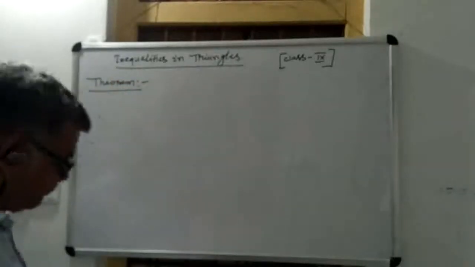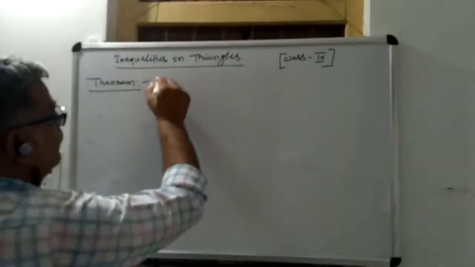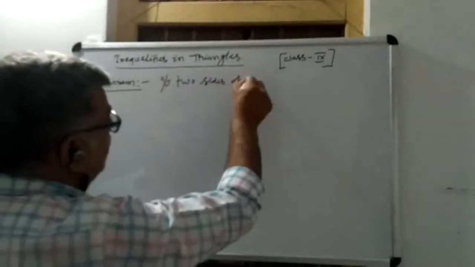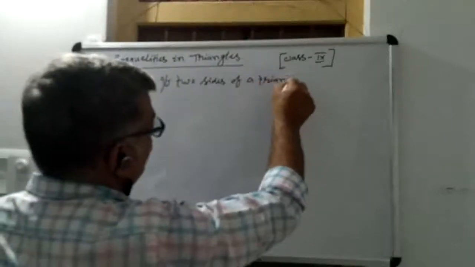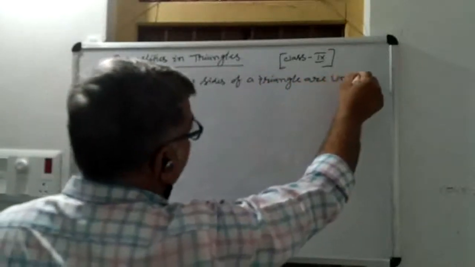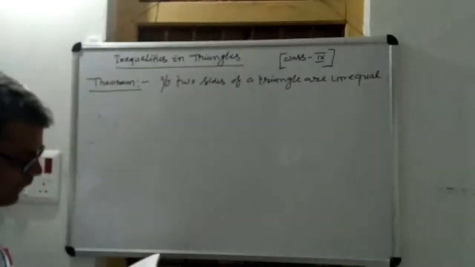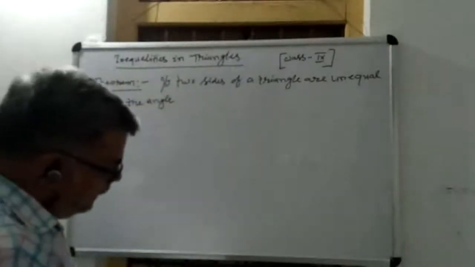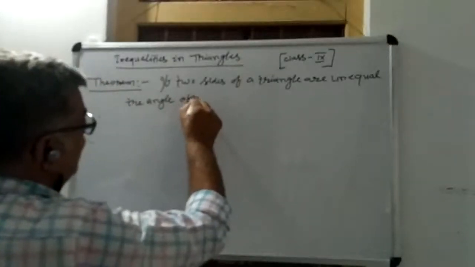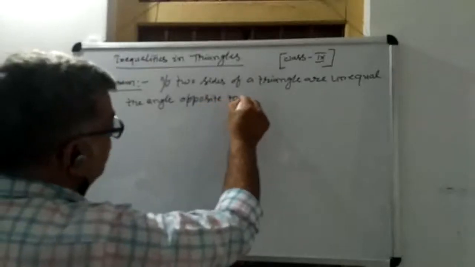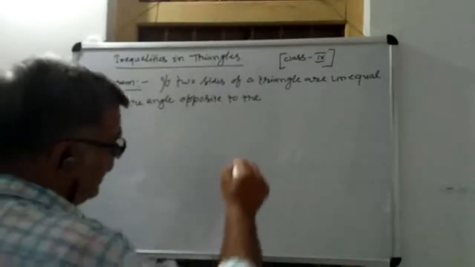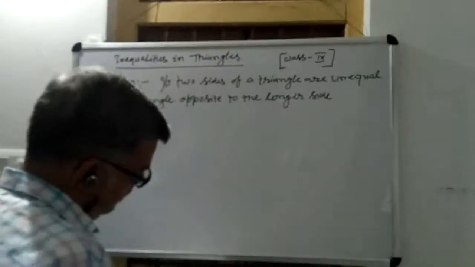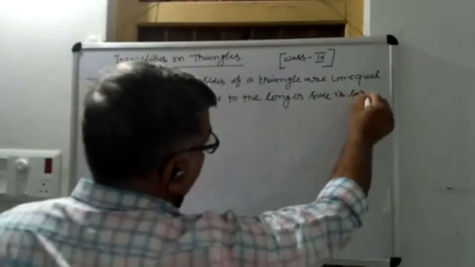The theorem is saying that if two sides of a triangle are unequal, the angle opposite to the longer side is larger.